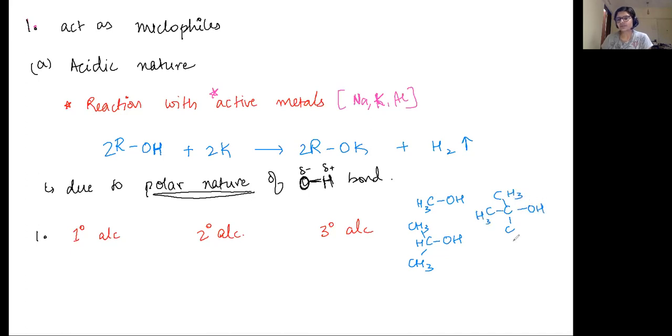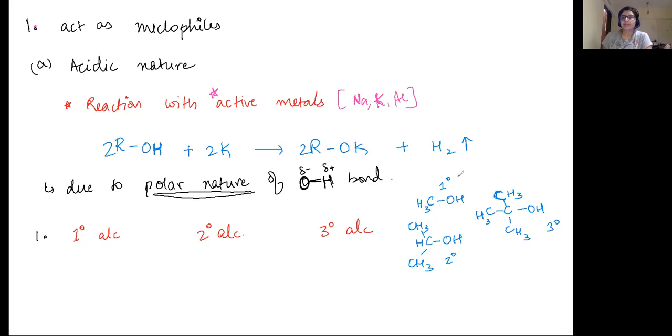In whose case will the polarity be maximum? Primary, secondary or tertiary? Now, in each case, are all of them electron donating groups or electron withdrawing groups? Electron donating groups, right?